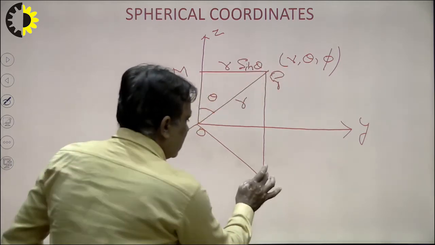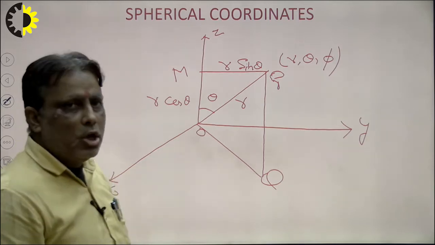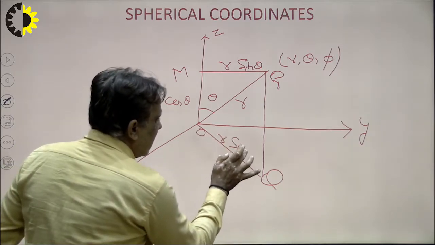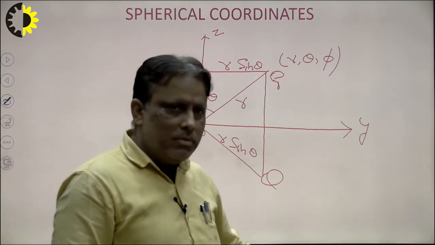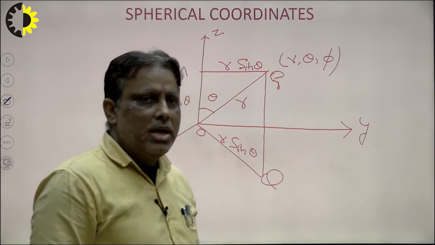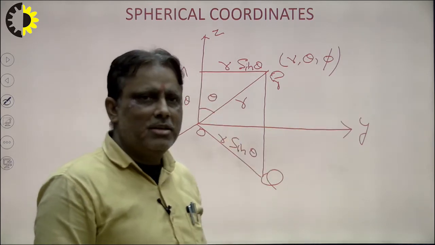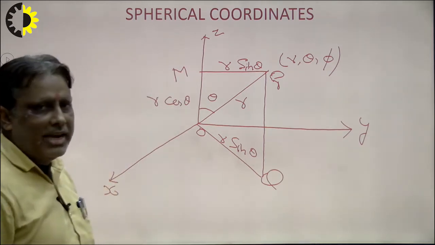This is suppose Q. Now the question is, what will be OQ here? OQ will be r sin theta, because the distance from the origin to my foot and the distance from the origin to my head's parallel position will always be the same. So we can say that OQ is equal to r sin theta.